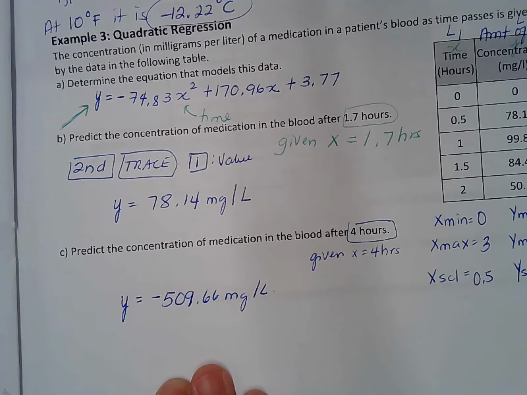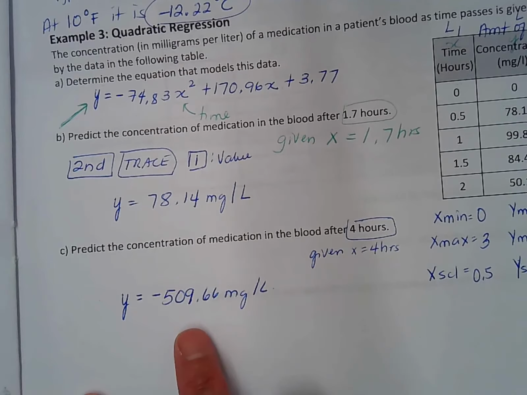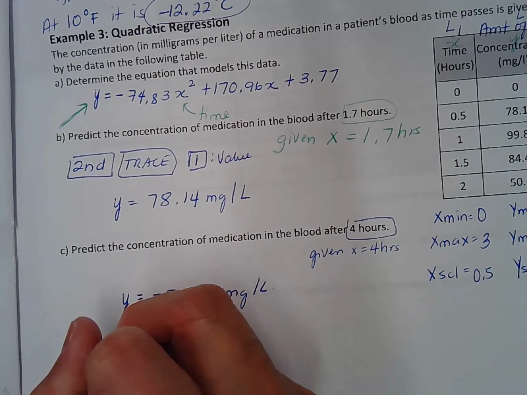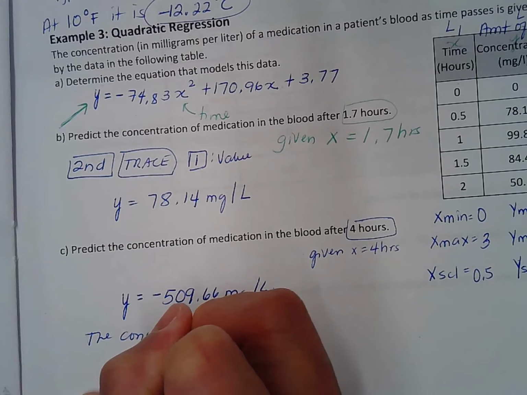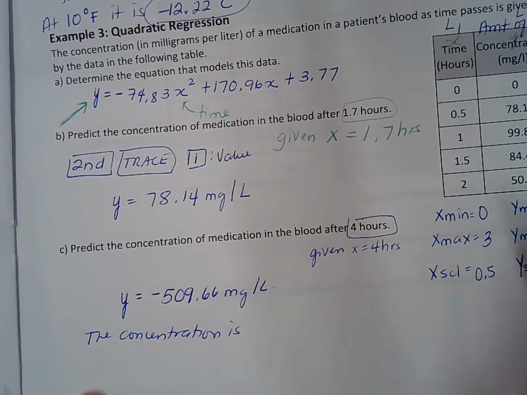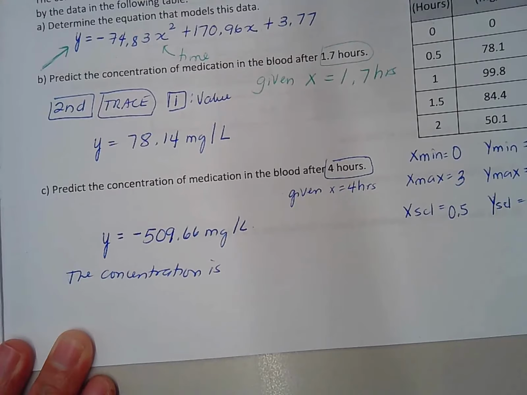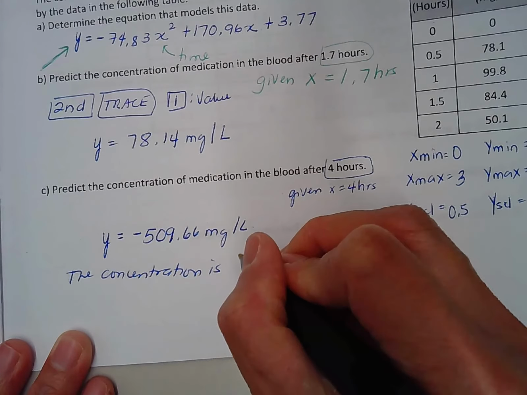No, right? So in this case, predict the concentration. How much concentration can we have in our system? 0. Yeah.